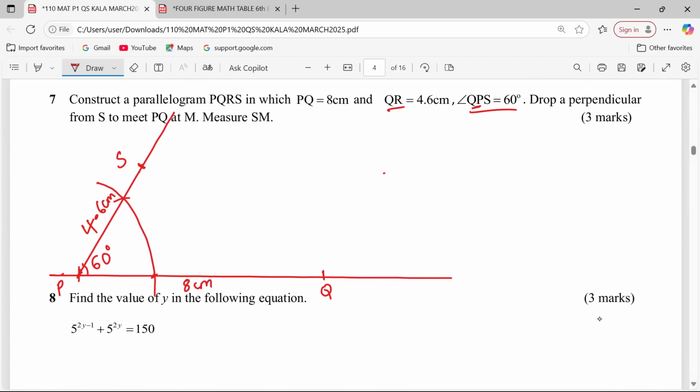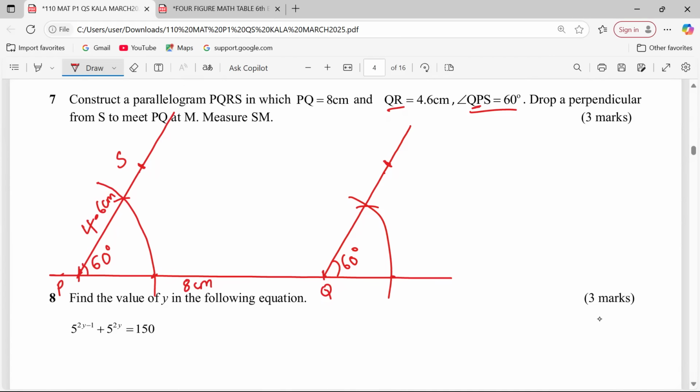You can stand at Q. You make an arc. Remember, I want to construct 60 degrees here. Standing at the arc, you cut the first point. Then now you produce this line. So this will be another 60 here. Producing 60 at that point, you will have made PS and QR parallel to one another. Then you stand now to measure the same length from Q to R of 4.6.